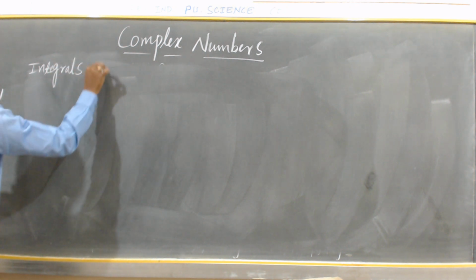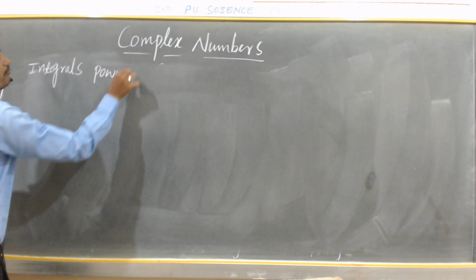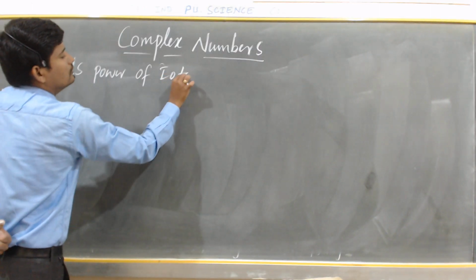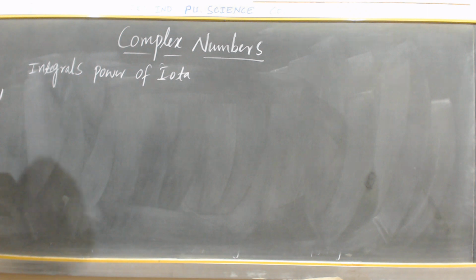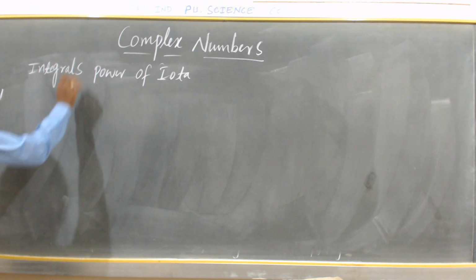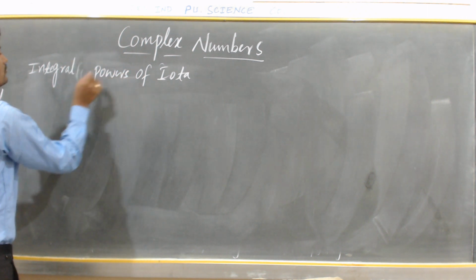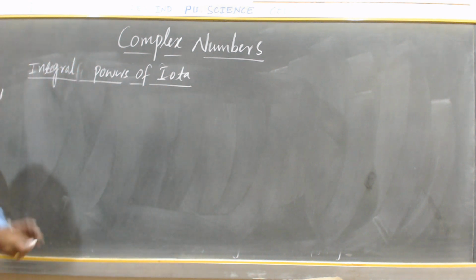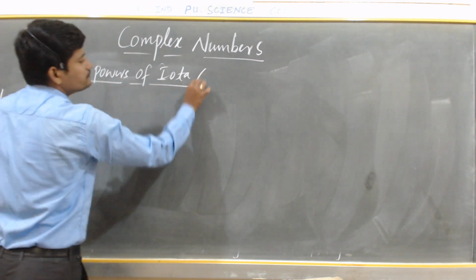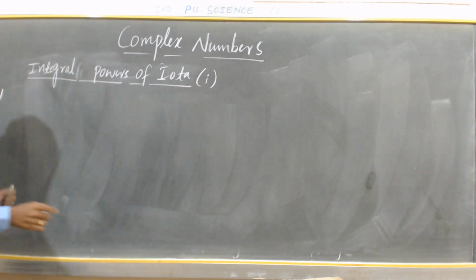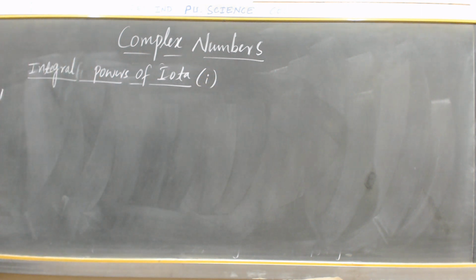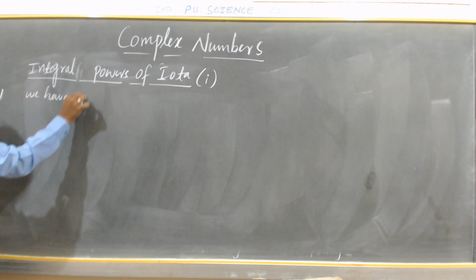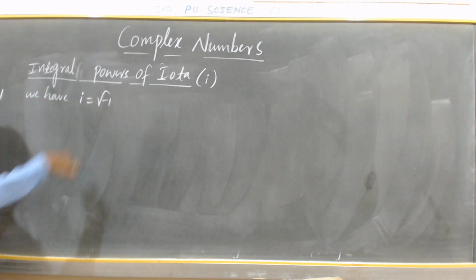Integral powers of iota. For example, we have i equal to square root of minus 1.